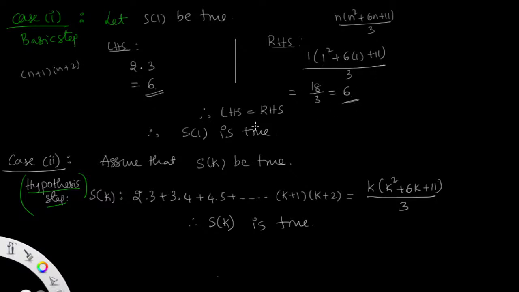LHS equal to RHS, so S(1) is true. In the same way, the hypothesis step: assume that S(k) be true. Then S(k) is 2 into 3 plus 3 into 4 plus 4 into 5 and so on up to (k plus 1) into (k plus 2), which equals k into (k square plus 6k plus 11) divided by 3. Therefore, S(k) is true.